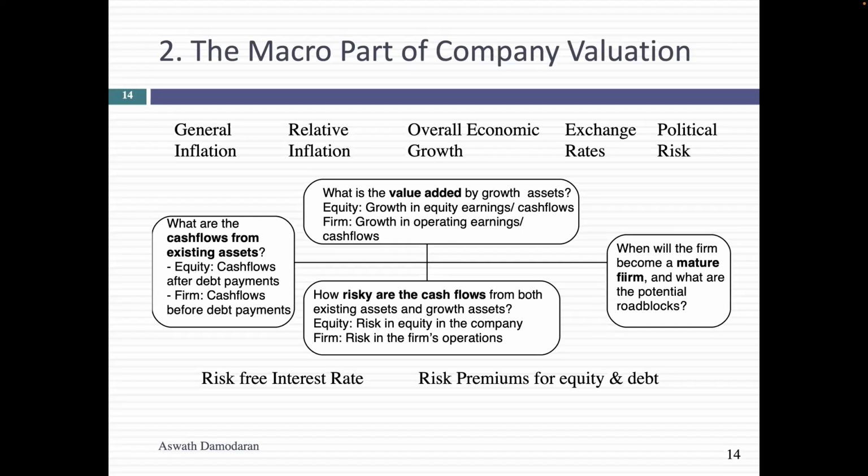I know we're running over time, so I'm sorry for taking up more of your time. But right now, the big what ifs you worry about are macro what ifs, right? What will happen to interest rates? What will happen to inflation? What will happen to exchange rates? What will happen to risk premiums? And macro variables show up in your cash flows.